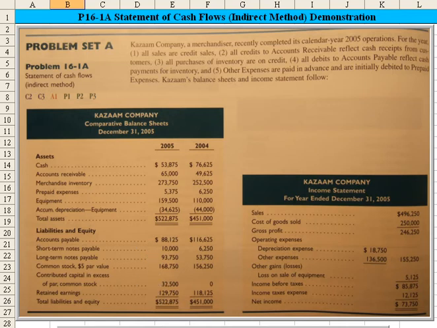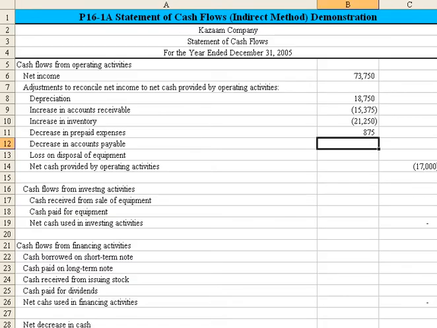We have accounts payable next, which was $116,625, and now it's dropped to $88,125. Well, if accounts payable have decreased, the assumption is that we've collected more of the money than what we had invested in accounts payable, or what others were willing to lend us through open accounts, and that means we've had an increase in cash for the period.